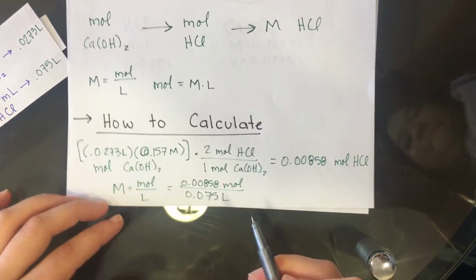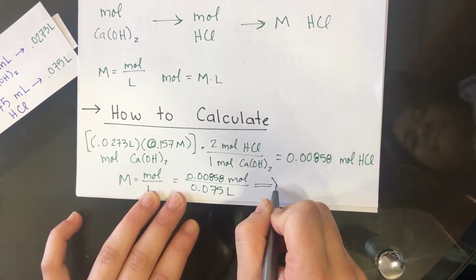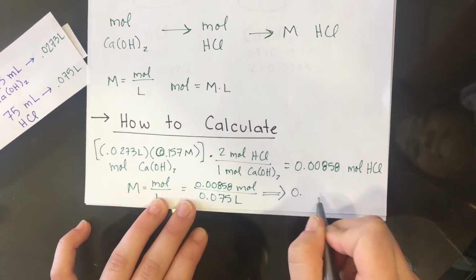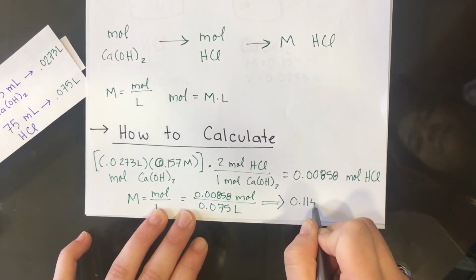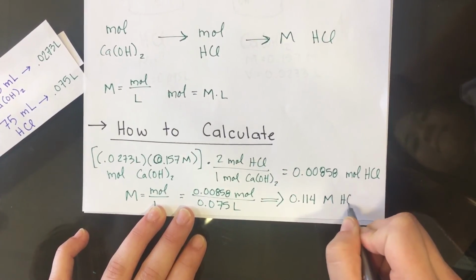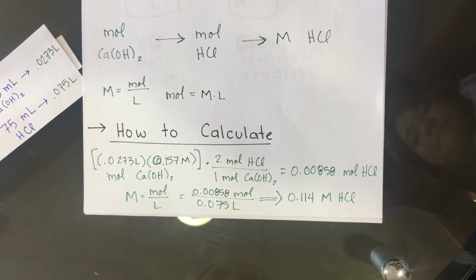Make sure it's not in milliliters, so we avoid the common mistake. The final answer is 0.114 molarity of hydrochloric acid, and that's our concentration for hydrochloric acid in the original solution.